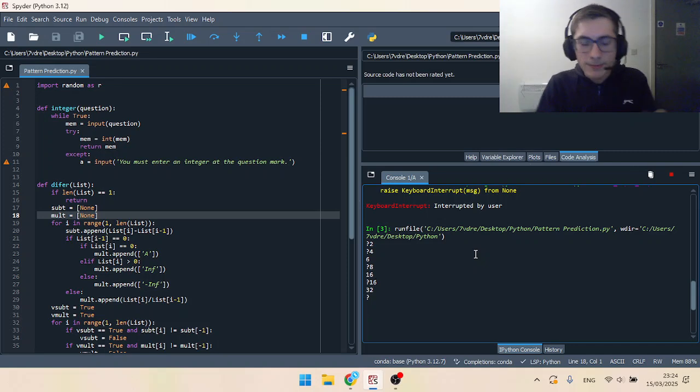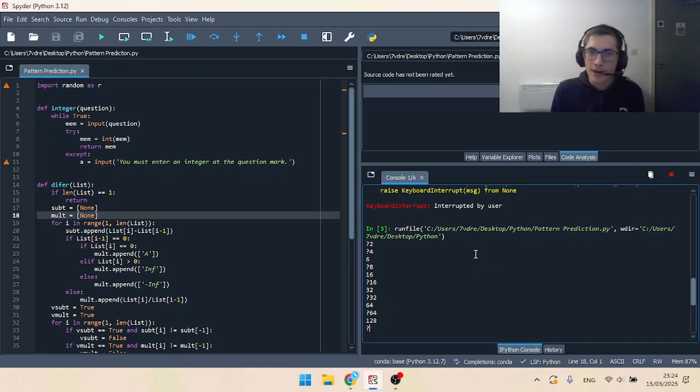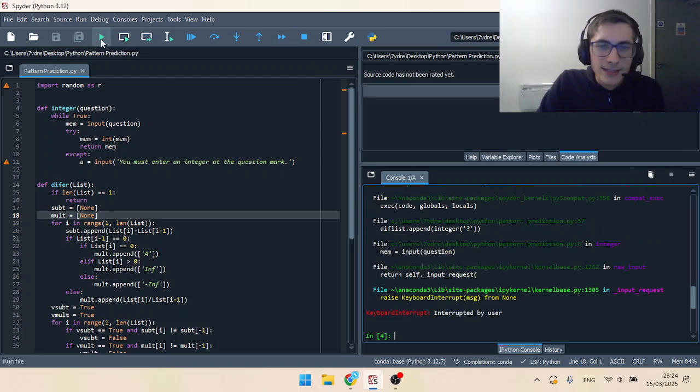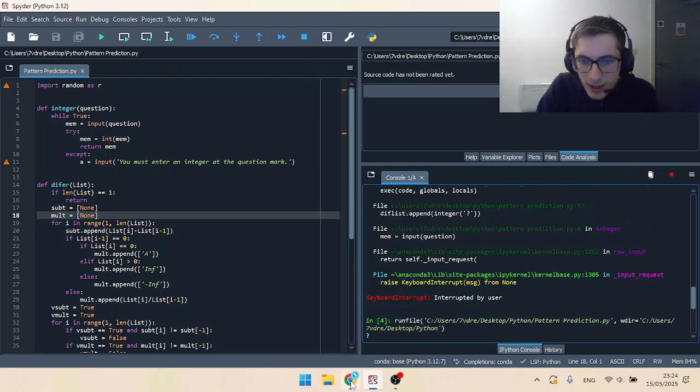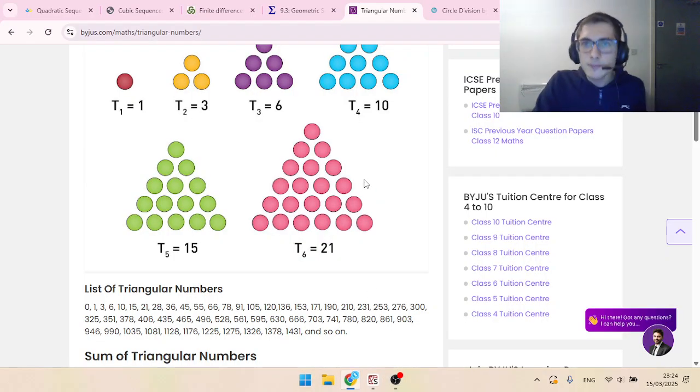So what I'm doing here is powers of 2, which my program has found actually quite quickly. This is probably not that surprising. It's not that difficult. So let us have a look at an even more complicated pattern.